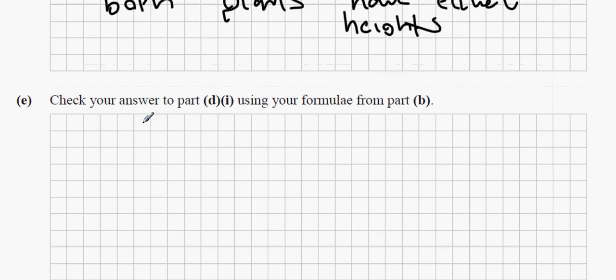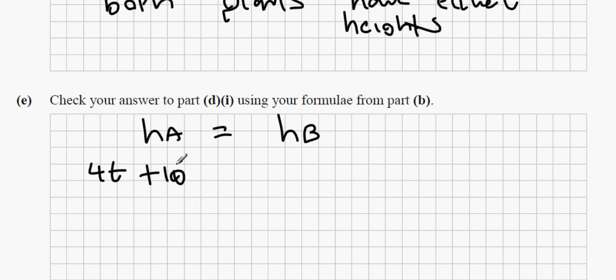If HA equals HB, the height of A should equal the height of B. So the height of A is 4t plus 16, and this equals 3.5t plus 24.